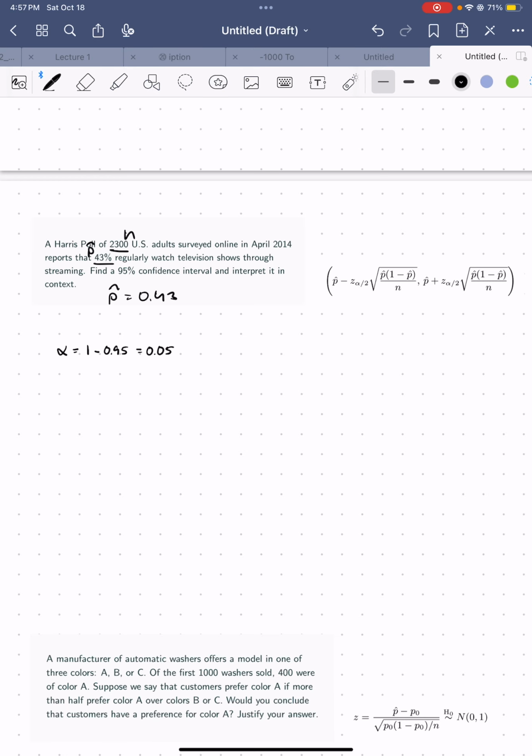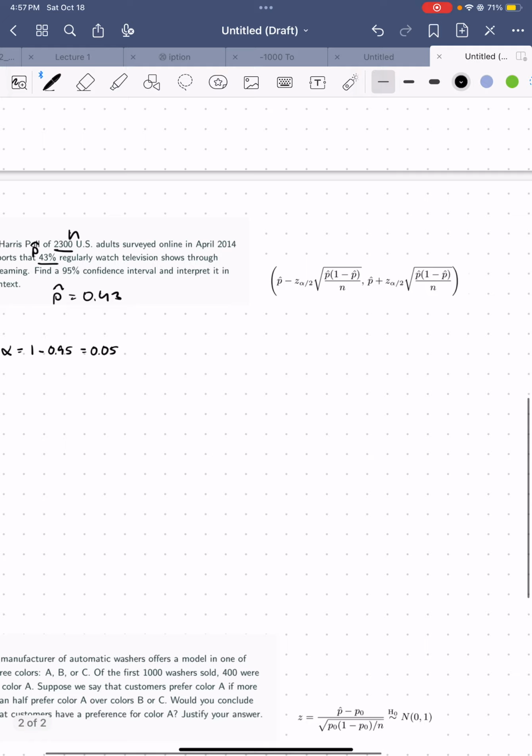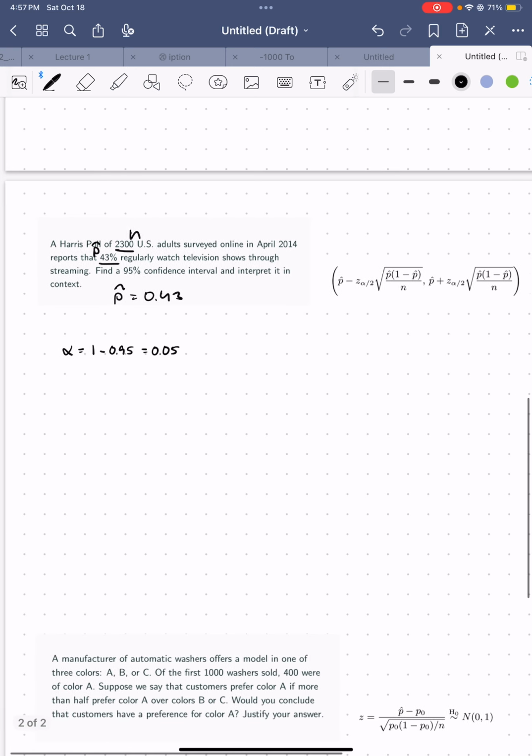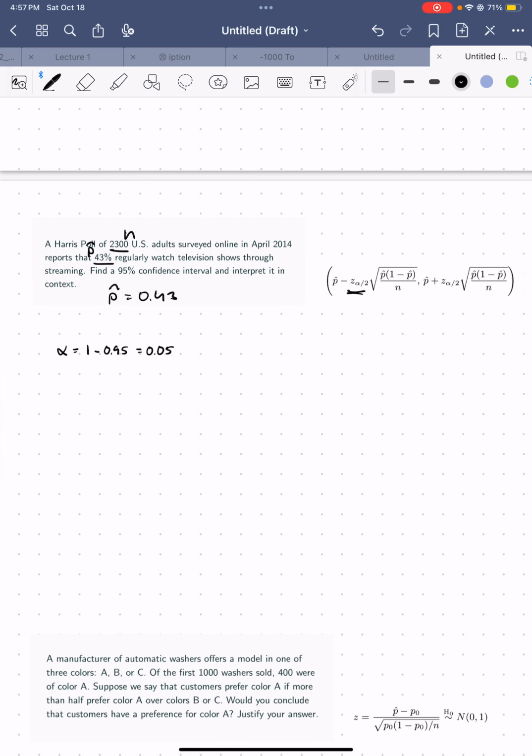And then I have our formula for our confidence interval for proportions over here, and we can just plug that in to get our values. So first we also need to find our z values, so z with our alpha divided by 2, so that would be z with the alpha value of 0.025, and we can pull that up on our table.